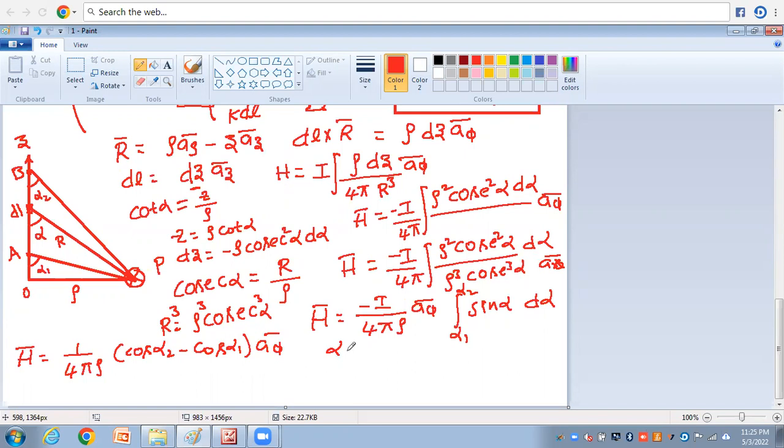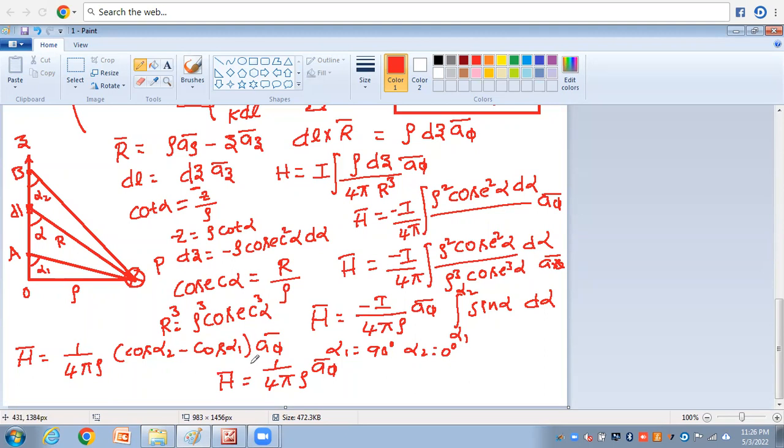Now considering alpha 1 equal to 90 degrees, alpha 2 equal to 0 degrees, the resultant is H bar equal to I by 4 pi rho with direction a phi bar, because cos 90 degrees is 0 and cos 0 is 1.